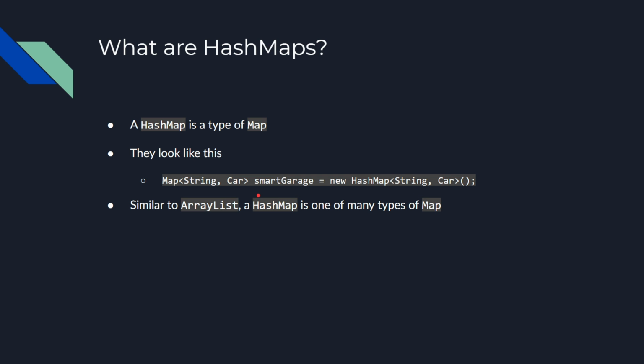But they're just a type of map. And setting up a hash map is the same as setting up an array list. It's just another type of map. Again, there are other types of map like tree map and I believe heap map. I'm not entirely sure. But there's all different kinds of maps. Hash map is just one of them. It's the most common kind.